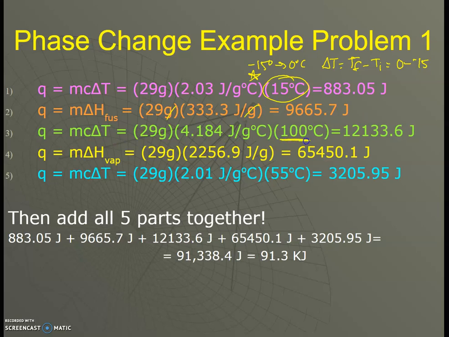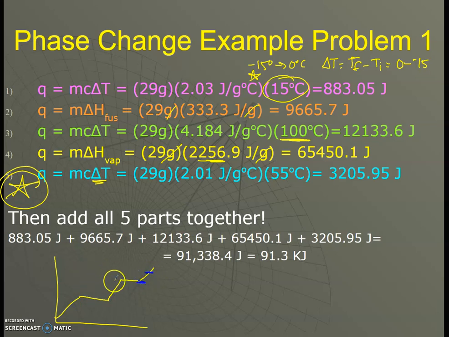You use 100 degrees, the full range of water, for your delta T there. And your m delta H of vaporization is going to use that constant. Your grams and grams will cancel out. And then possibly the biggest, most common mistake that I see is people don't use the right delta T here. At the top part of the graph, you are only dealing with this tiny portion.